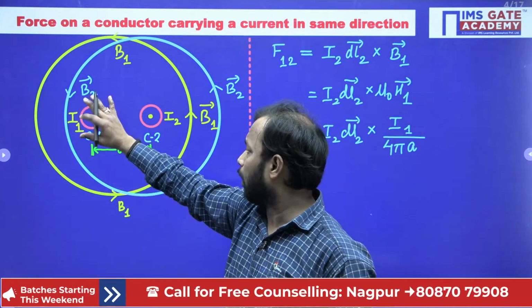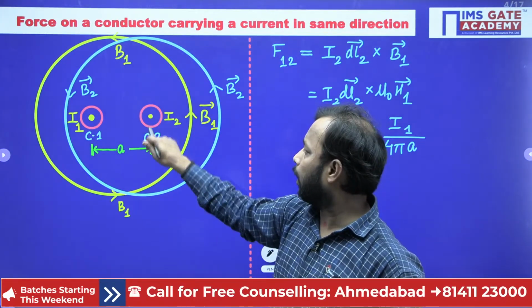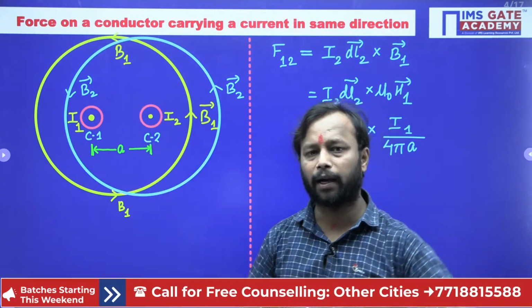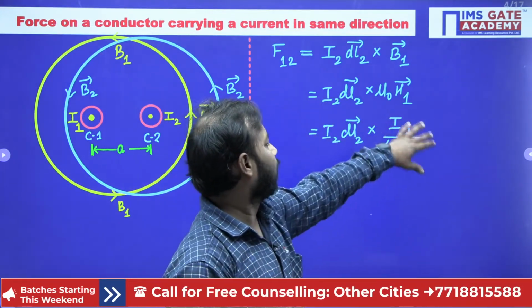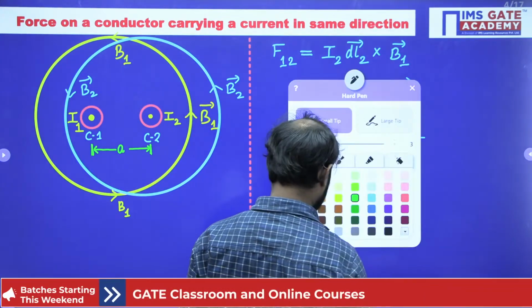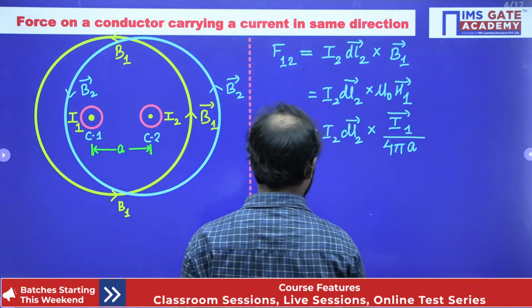At the point where I2 is, the dot point, we are finding the magnetic field strength, and this is given by I1 upon 4 pi A, and this is in vector form.